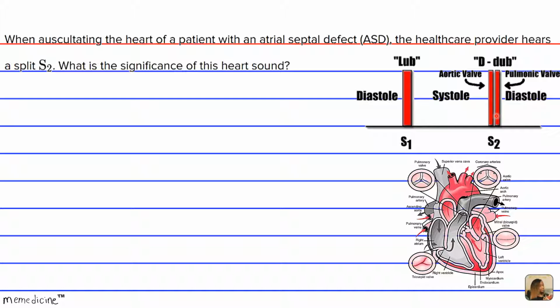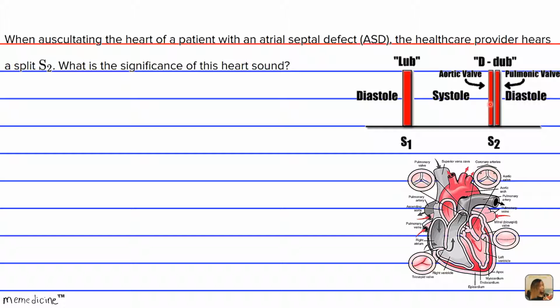A split S2 finding upon auscultation of the heart sound is caused when the closure of the aortic valve, so this enlargement right here would be the aortic valve, okay, leading to the aorta, and the closure of the pulmonary valve, this blow up right here, okay, are not synchronized normally.